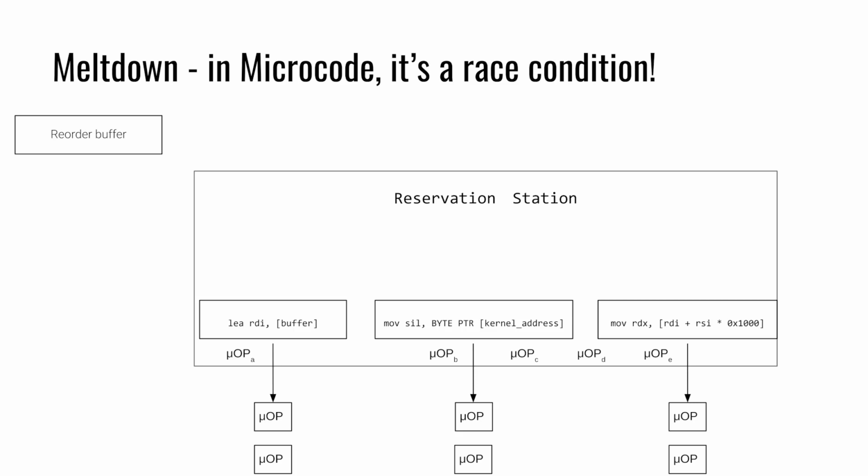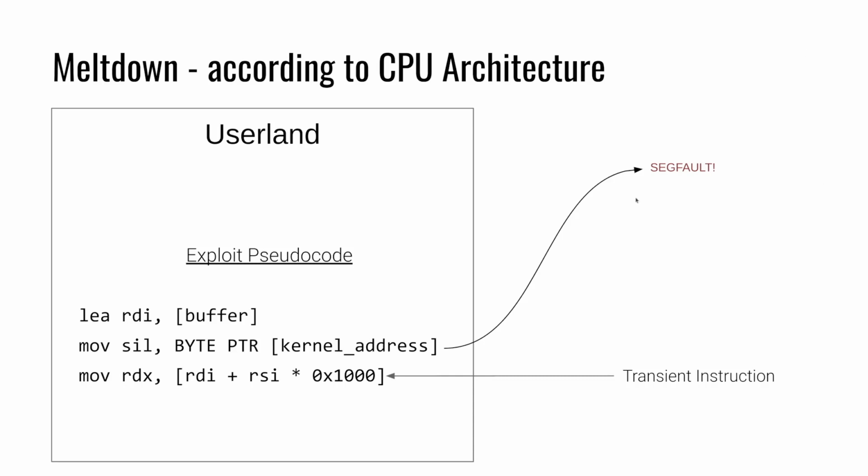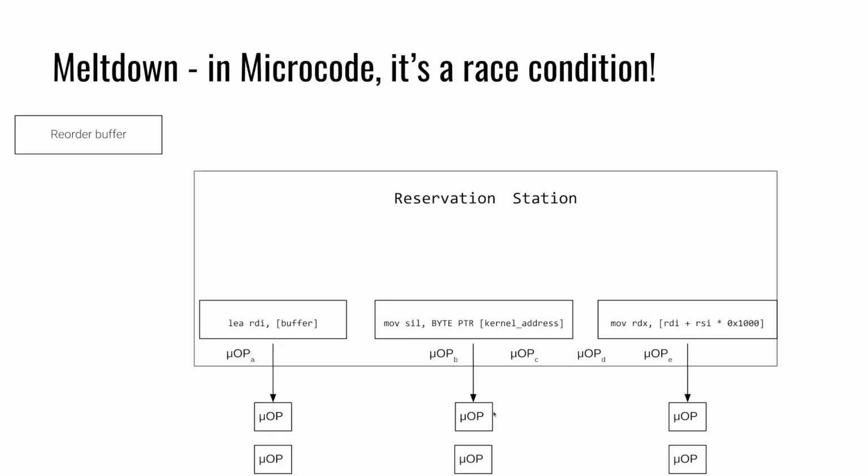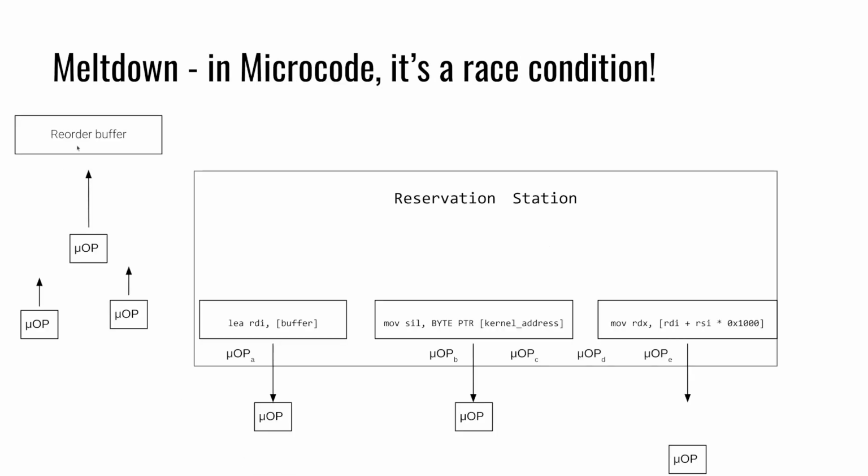And so this is functionally a race condition inside of the microcode, whether the microcode from the segfault or the microcode from the transient instruction gets passed back to the reorder buffer first. This is a race condition inside the microcode during speculative execution.